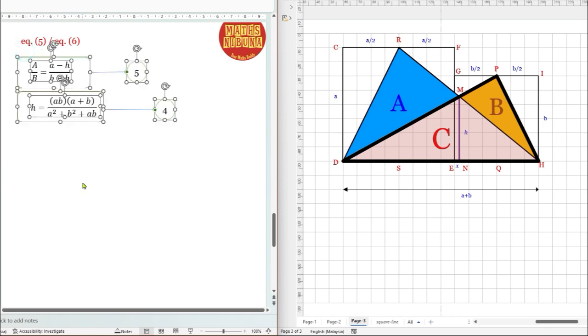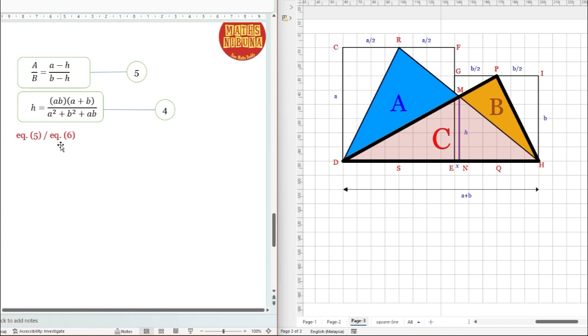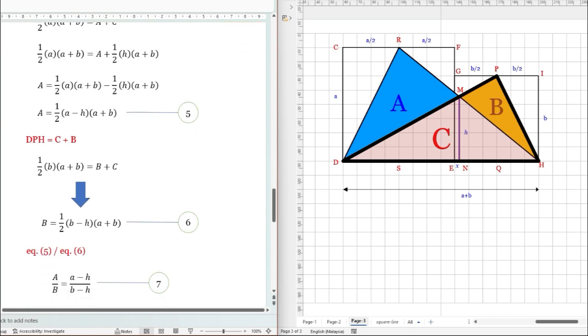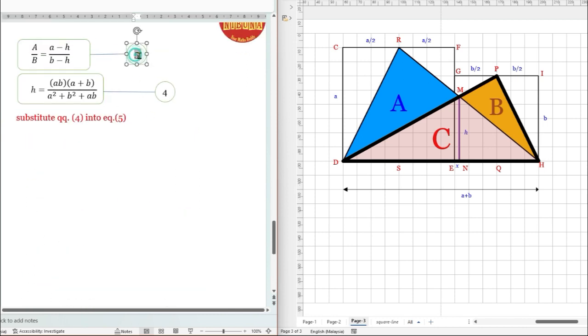Now what I can say, you take this H and you substitute here, so I can say that substitute equation 4 into equation 5. 5 is it? I think 5 or 7 just now, sorry. Oh, this one equation 7, not 5. Sorry. This is equation 7.